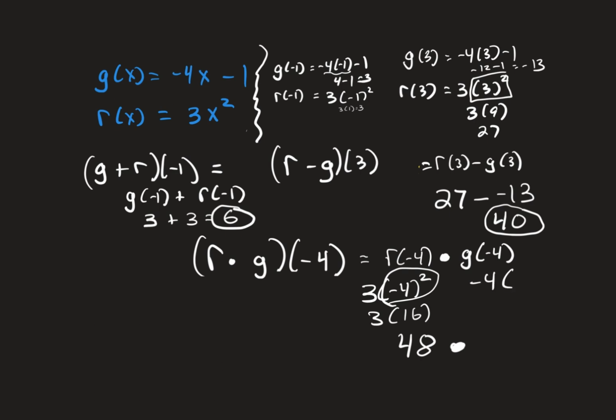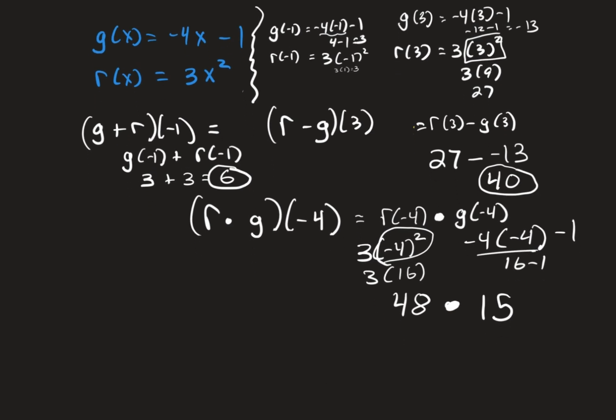Looking at my g function, which is negative 4x minus 1, negative 4 times negative 4 minus 1. Negative 4 times negative 4 is 16. 16 minus 1 is 15. So r times g of negative 4 is going to be 48 times 15, which is 720. That's your solution.